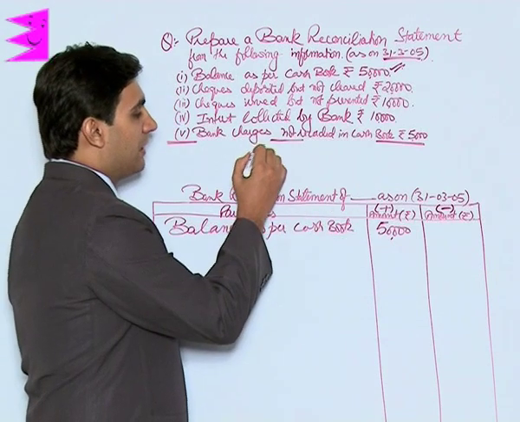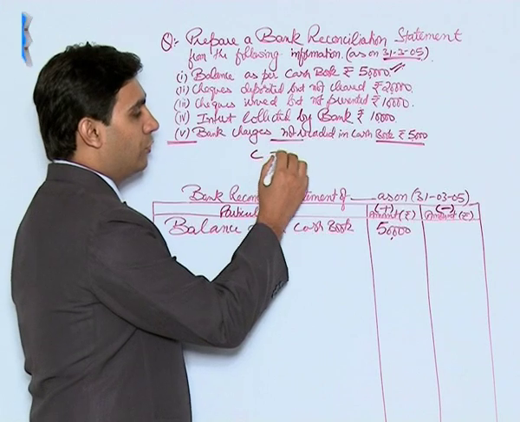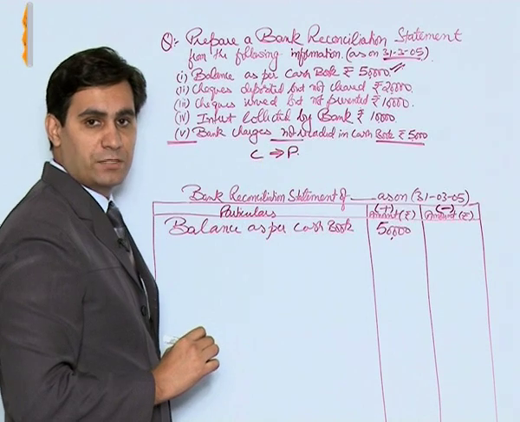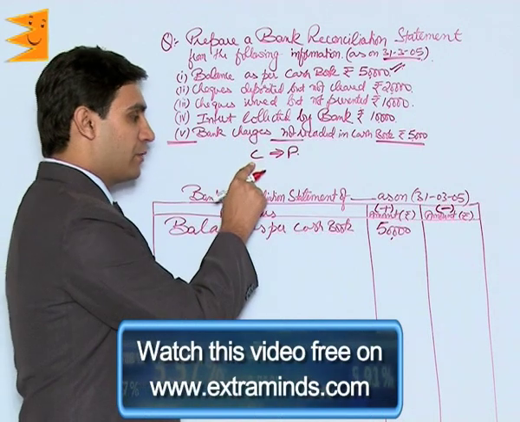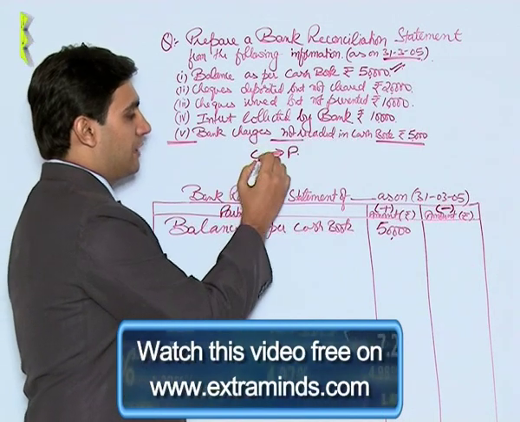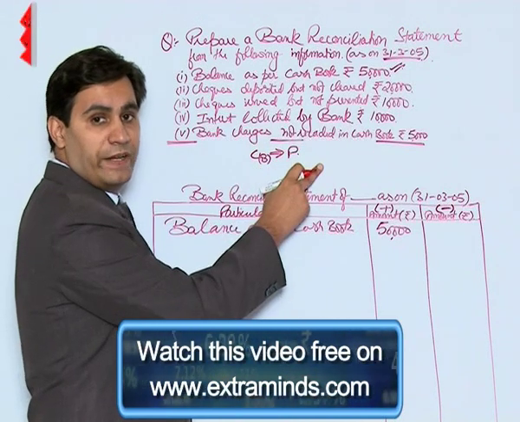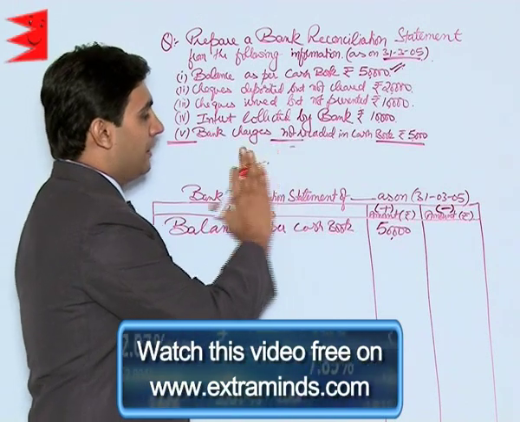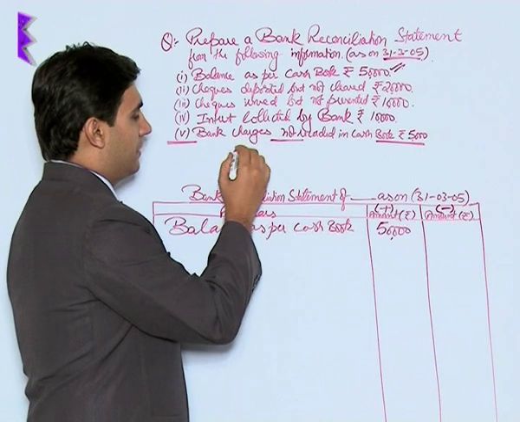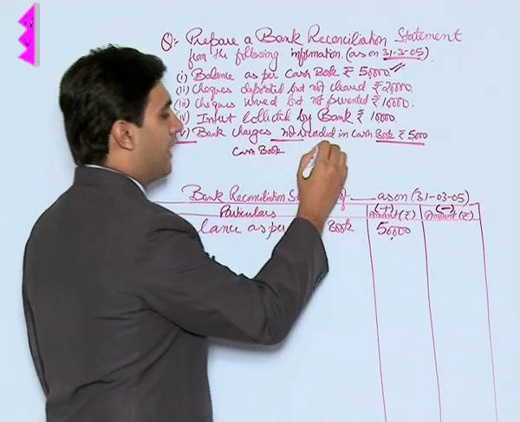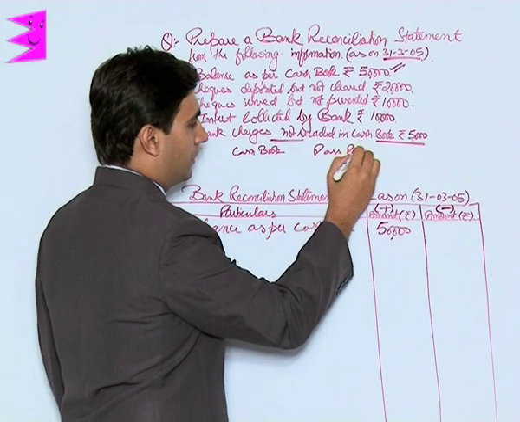So that means we are given cash book balance and we need to find the balance as per passbook. The cash book balance, see here, that is bank column is given and we need to find passbook balance. Let us write it in full form, that is as per cash book and as per passbook.